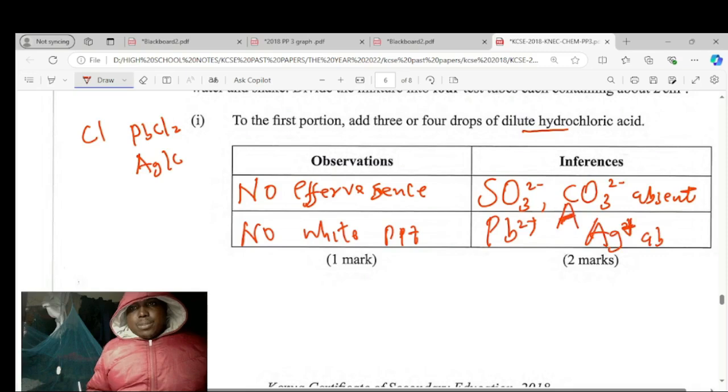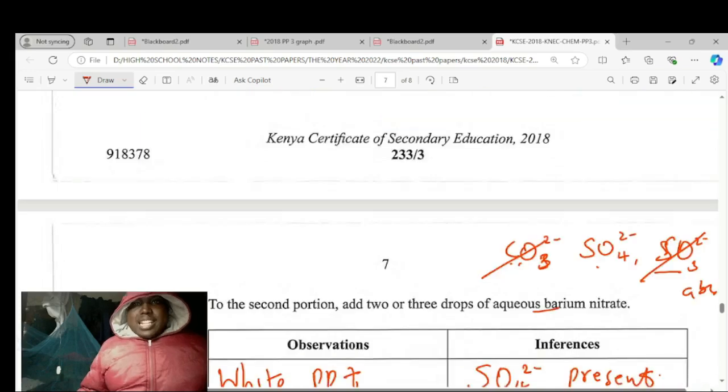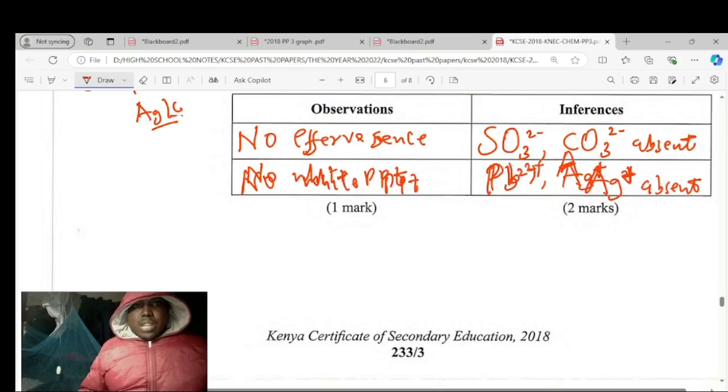Absent means it is not there. So you will see this information here will help us later to decide what we should write.